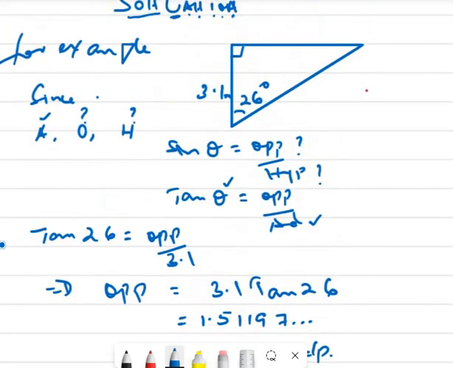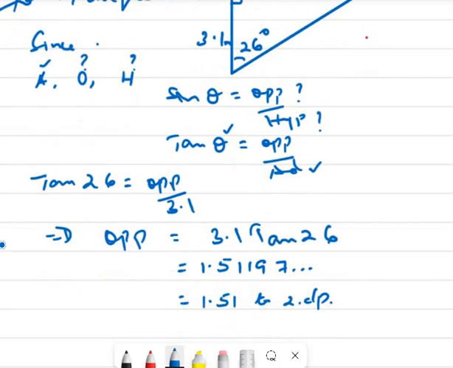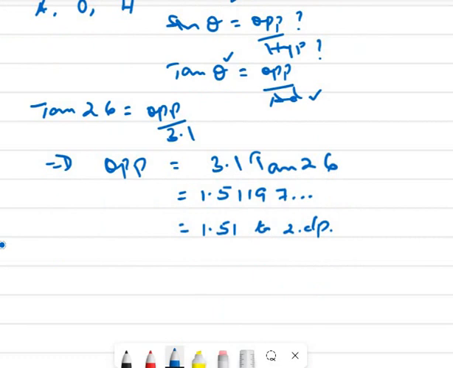When we go back up here, you can see that we can get the hypotenuse again using the cosine function by saying that cos theta is equal to adjacent over hypotenuse, which would be equal to 3.1 over hypotenuse.